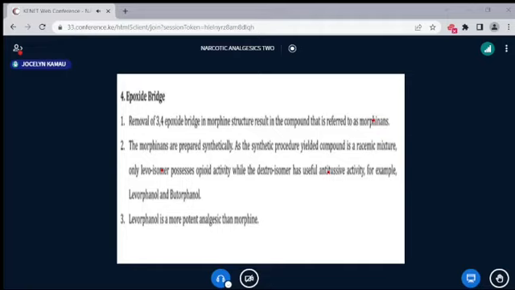Please remember, if you are discussing a specific drug, you look at its structure and all the important groups. But when you are discussing structural modification of that drug to another, like morphine to levorphanol, then you say that ring can be removed.